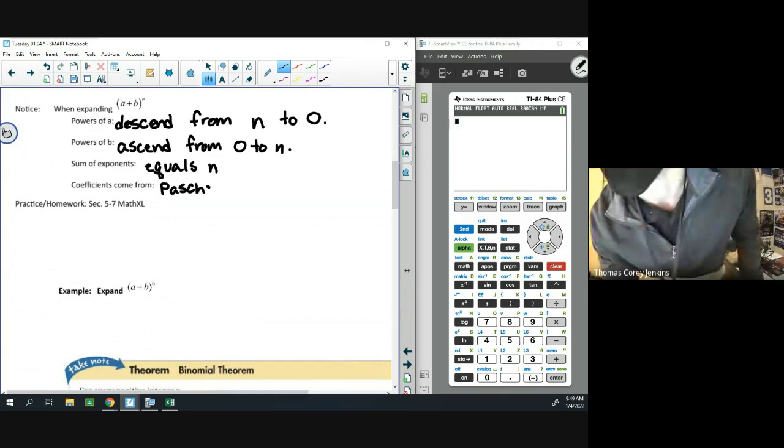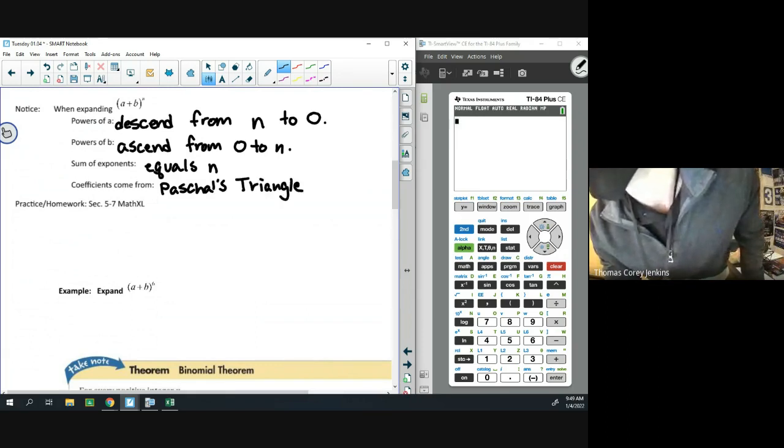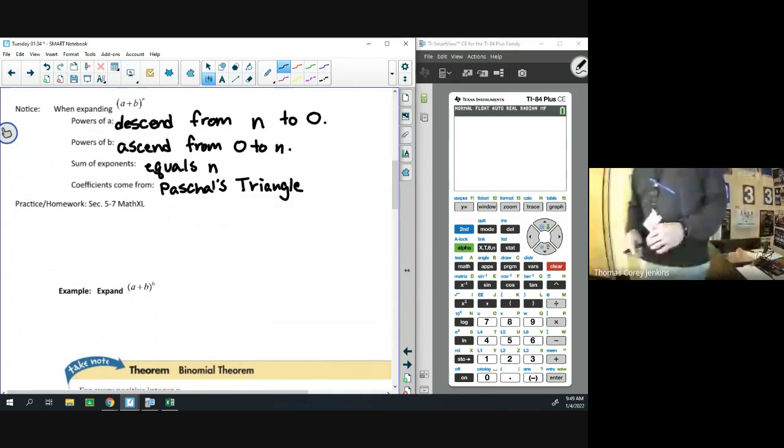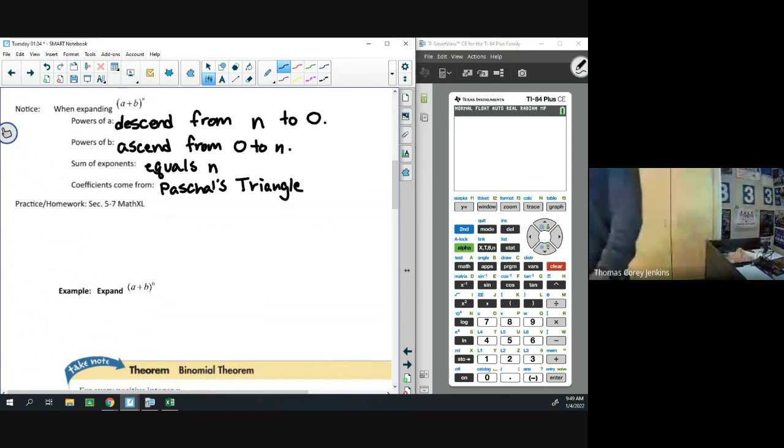Coefficients from Pascal's triangle. You'll just use your notes for that part because it's already pretty much written out. And I don't think you'll be asked to expand anything to the 8th power, so you have all the rows you need.